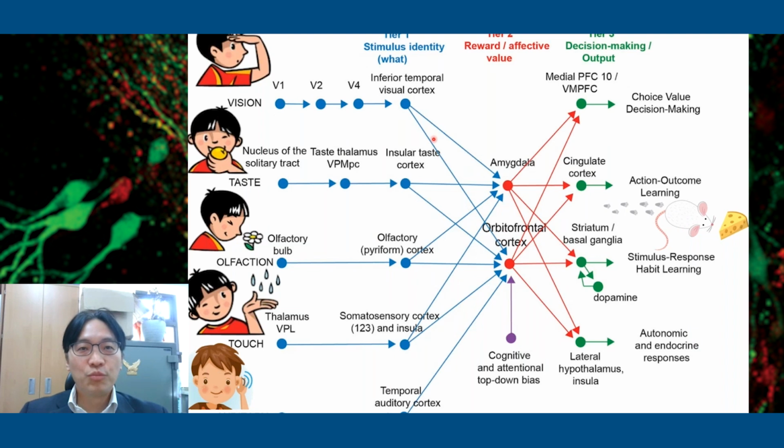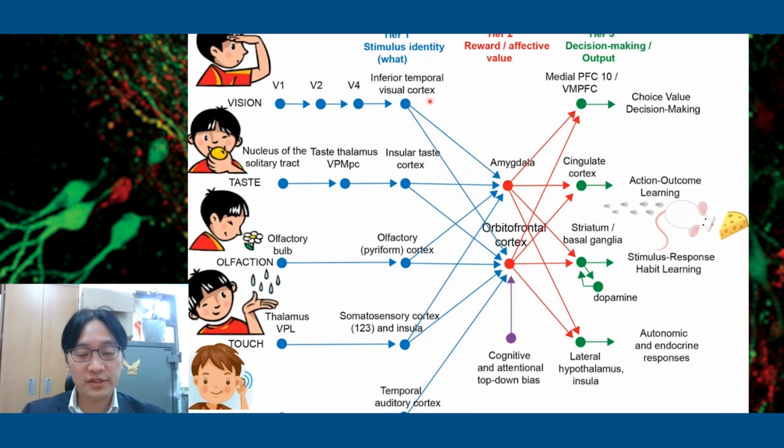Most of the neurons are not doing one function, but they are in a pathway between the cognition and the behavior. And from this multifunctional aspect, there's tier one, tier two, tier three. So the first tier is the what, the identity.